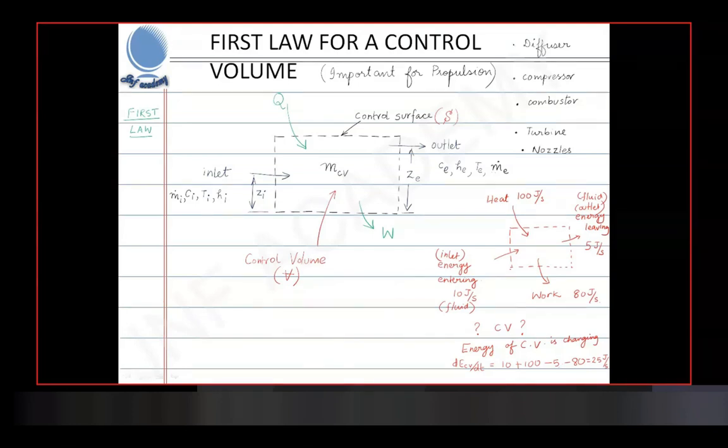Now we are going to write using symbols. Now what is the energy entering? The specific energy is going to be e, or the rate at which energy enters is m dot into e. Sorry, m dot i into ei, which is equal to m dot into ui plus the kinetic energy term plus the potential energy term.